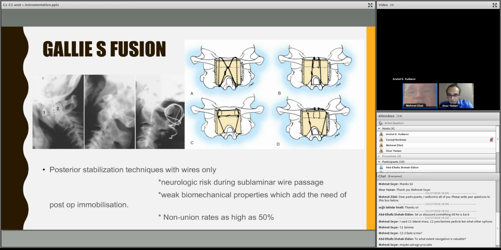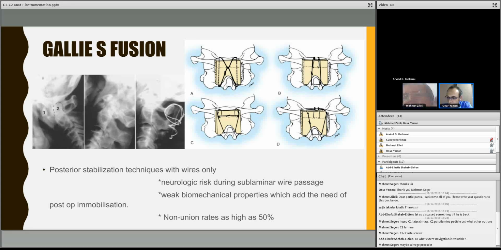But in the medial technique, the so-called C1-C2 transarticular screwing, the incidence of injury to the vertebral artery is quite high. I used to do that in some cases before starting C1 lateral mass. I have 2 or 3 cases in which I punctured the vertebral artery.